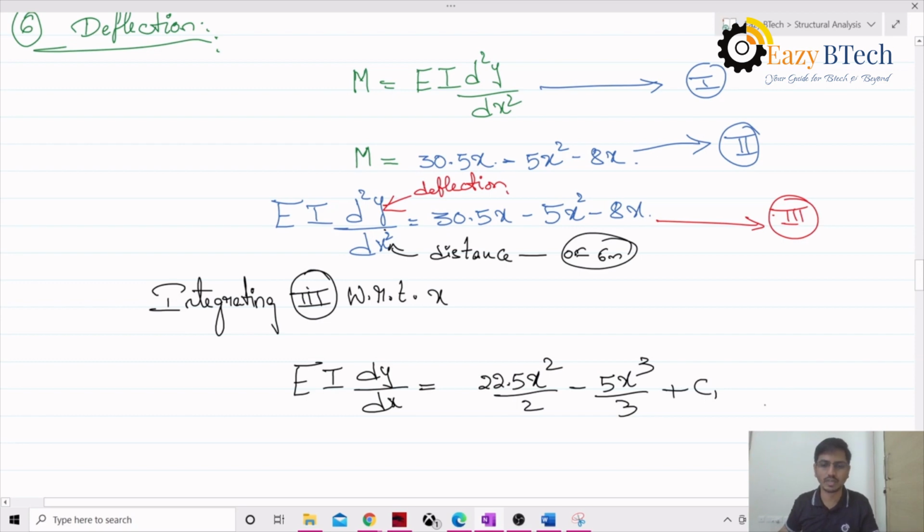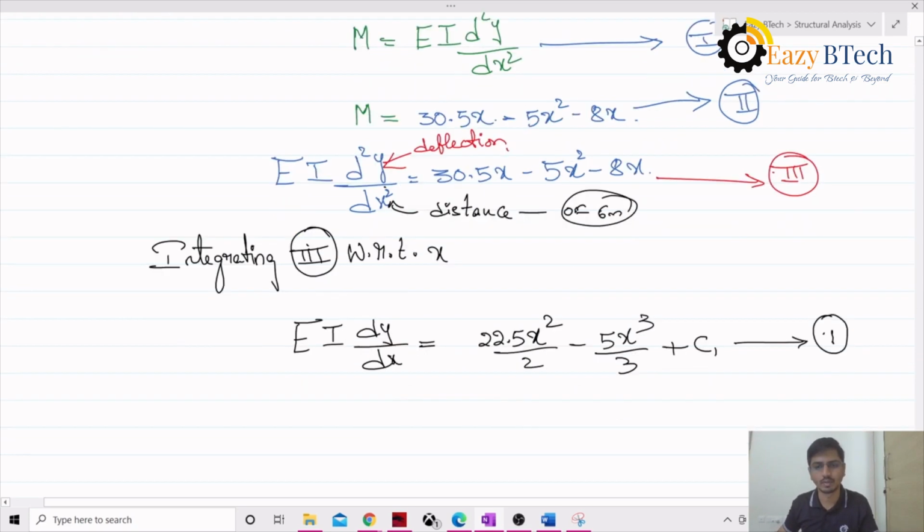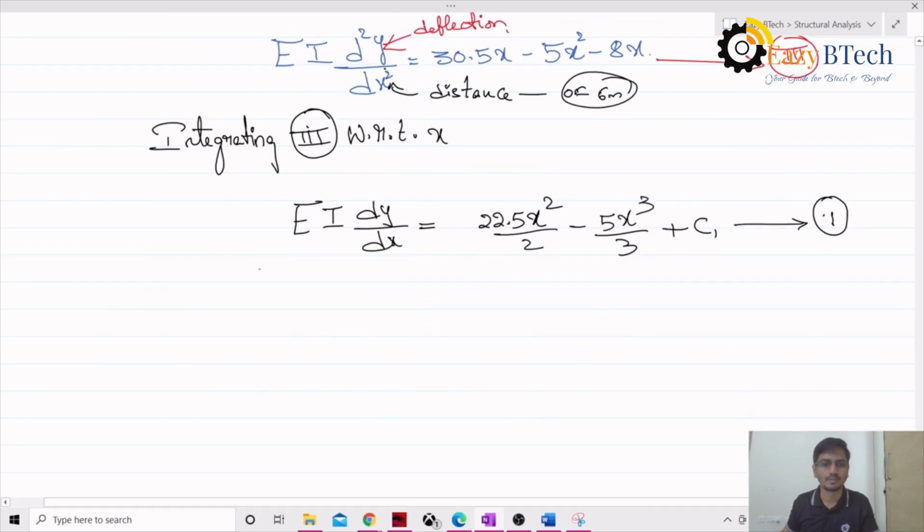These are the basics of integration. I will name this equation 1. Once again, this is nothing but the slope if I send EI to the other side.